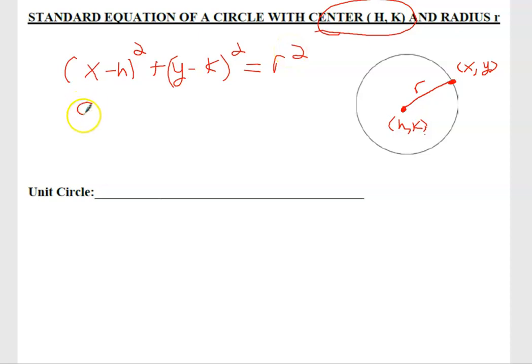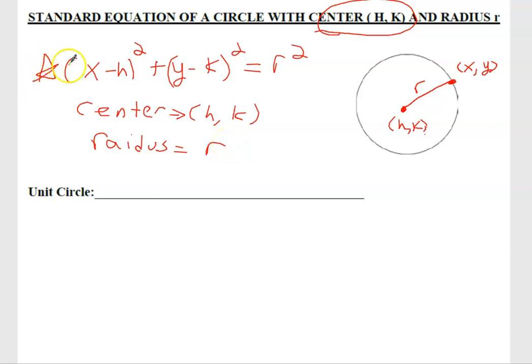A few things to remember here: the center of this circle is the point (h, k), and our radius is just r. As I said on Friday, circle this, highlight this, star this. We're going to be using this equation a couple of different times, and I want you to be able to identify the center and the radius by just looking at the equation.